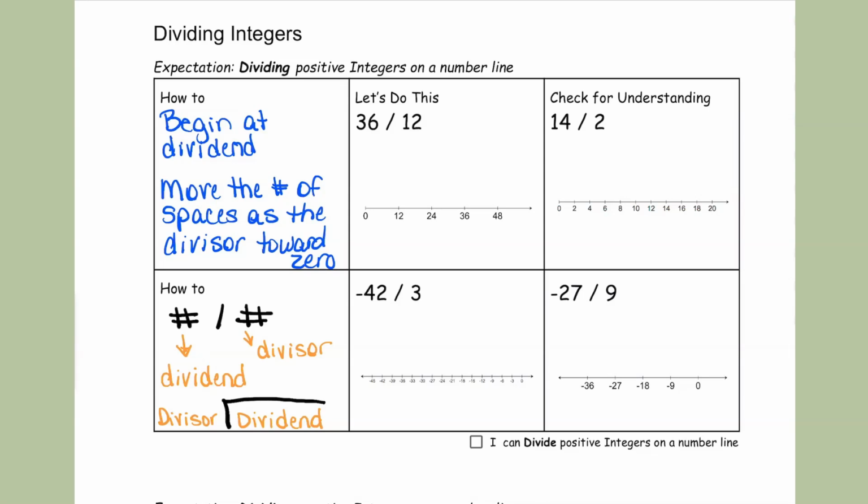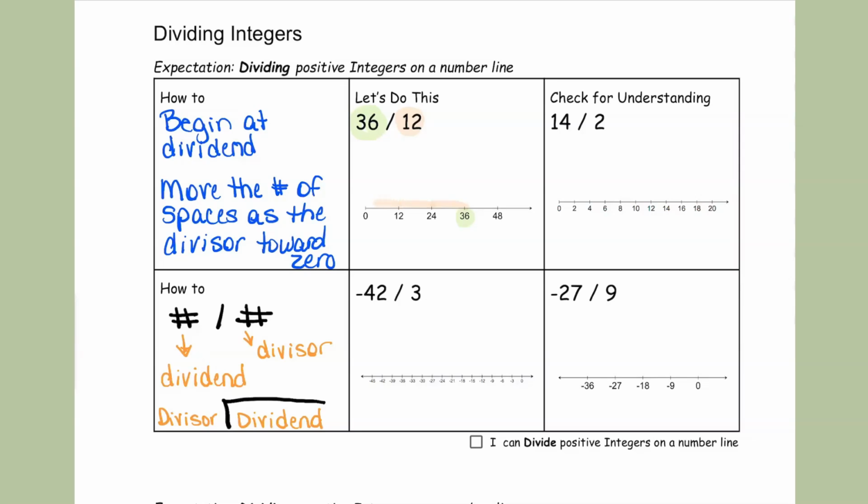Okay, let's do this. Let's see if we can do 36 divided by 12. 36 is our dividend. 12 is our divisor. So the first thing we do is begin at the dividend. Highlight that, and then we're going to move 12 units towards 0.